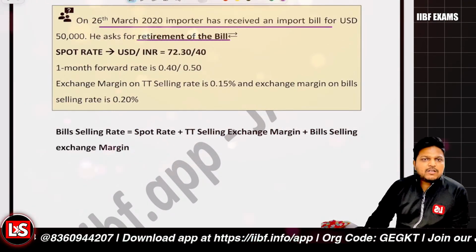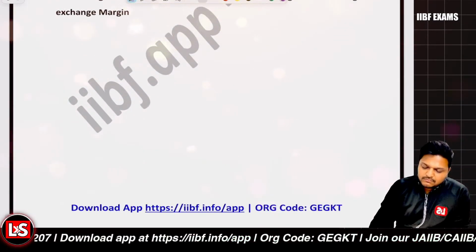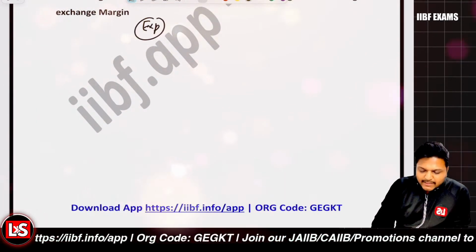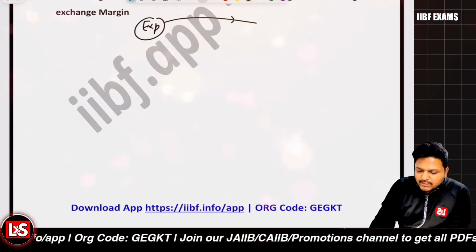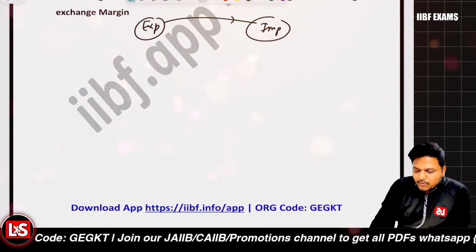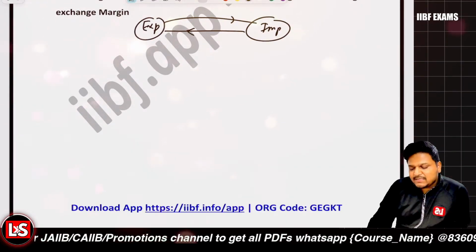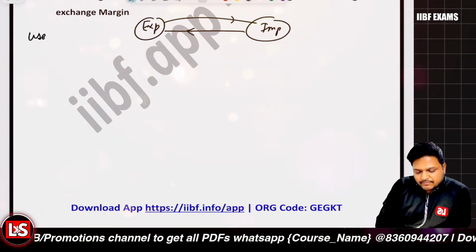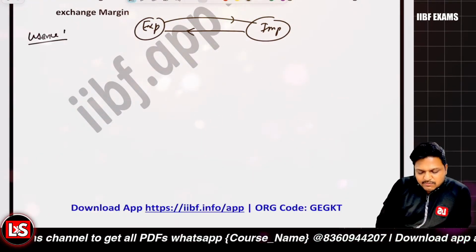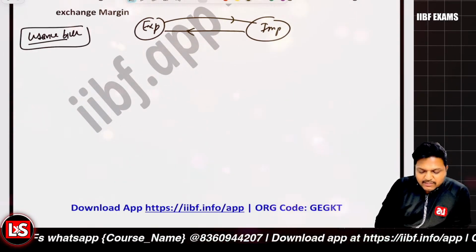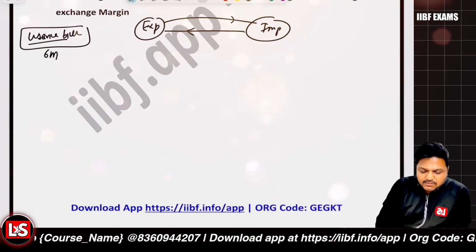Now, what is retirement of a bill? Here we have the exporter. The exporter drew a bill on the importer. The importer accepted the bill and gave it back to the exporter. Let's say it was a usance bill, and the credit period was, let's suppose, 6 months.